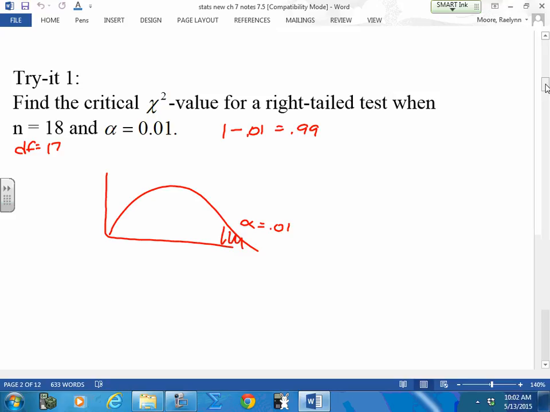This is your area to the right, a little bit different. So look up your degrees of freedom, 17, and look up your 0.01. And what do you get?